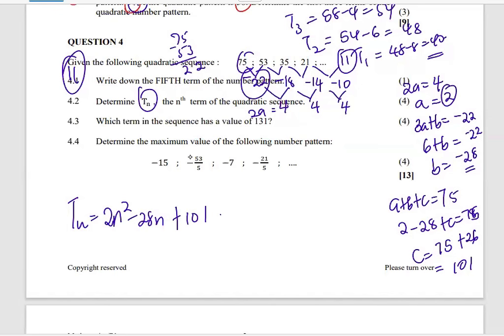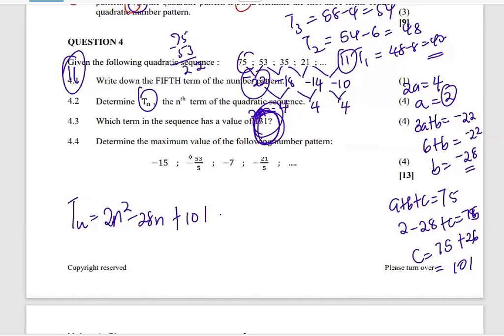Then which term in the sequence has a value of 131? Now, if you look at it nicely, does this make sense?